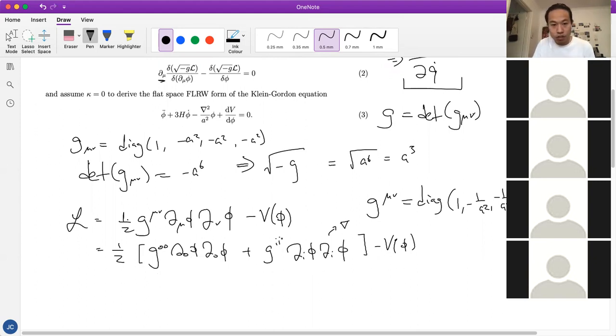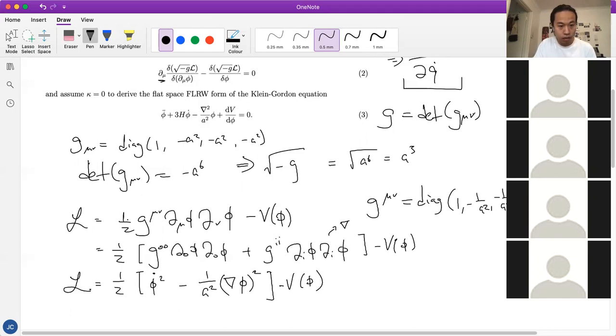Then we know g00 and gii from the metric, so we can just explicitly write this out as phi dot squared, minus 1 on a squared grad phi, and there's 2 of them, so grad phi squared, minus V of phi. And that's your Lagrangian. So we're now at a point where we can actually put this into the Euler-Lagrange equation.